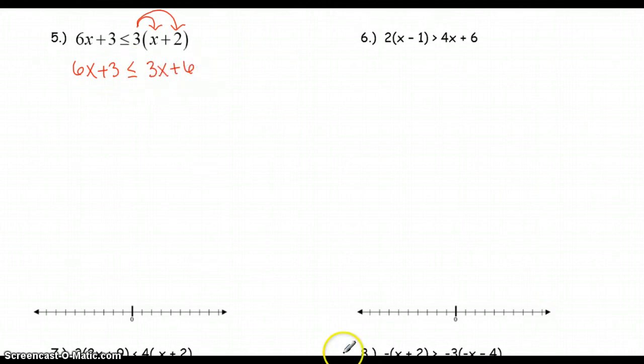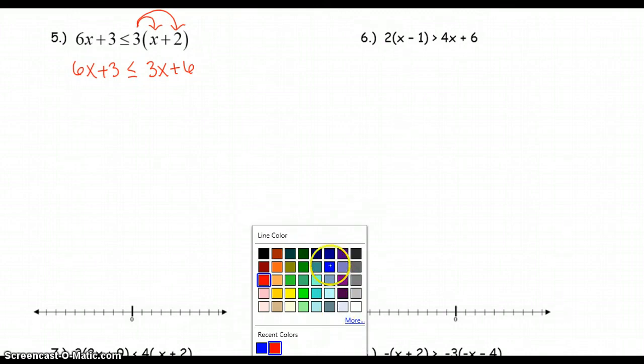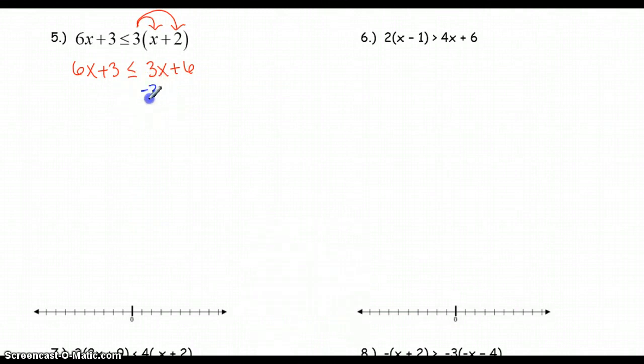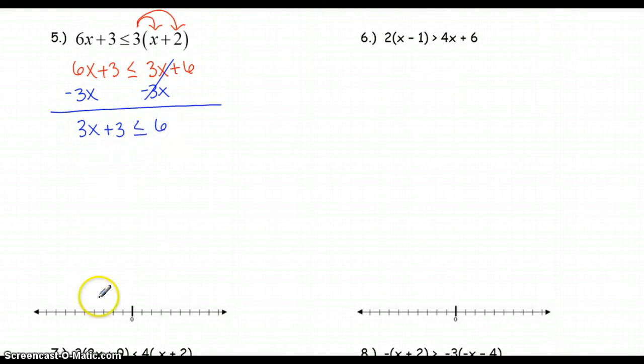Now, just like we did in the last problem, we want to get our variables on the same side. So I'm going to subtract 3x from both sides so that my x terms will be on the left. So 6x minus 3x is 3x plus 3 is less than or equal to 6. Now we're going to choose to subtract 3 from both sides.